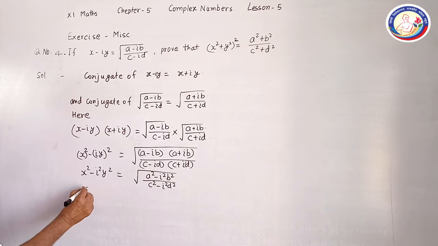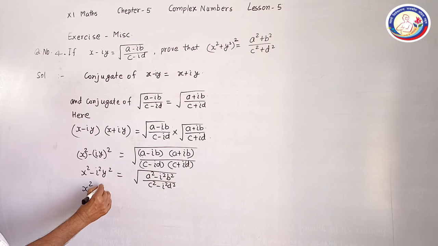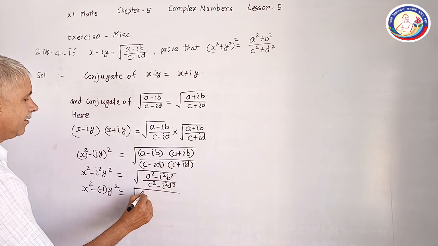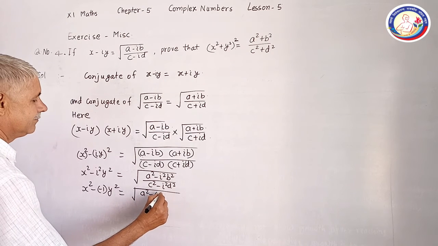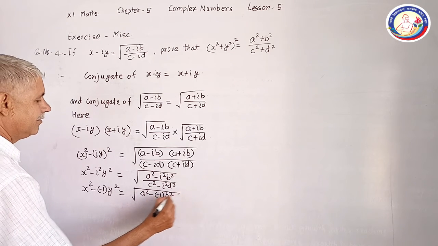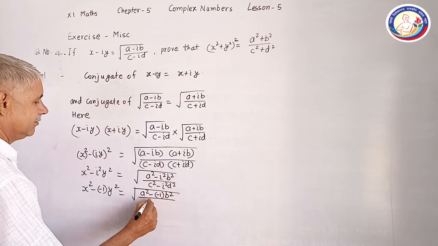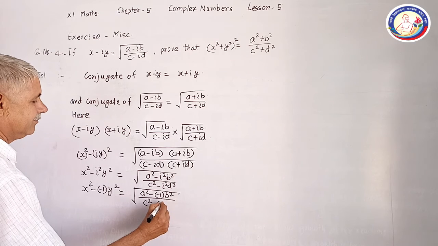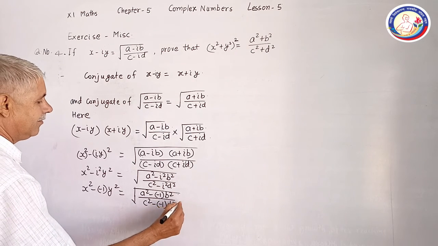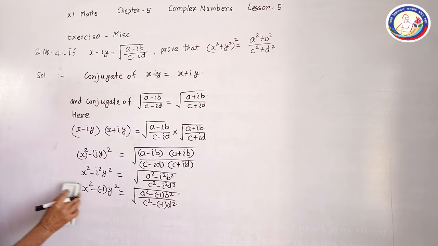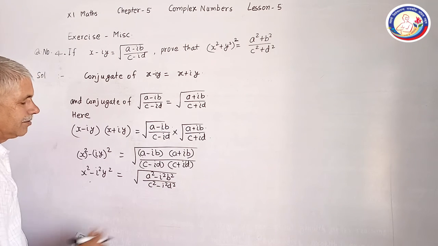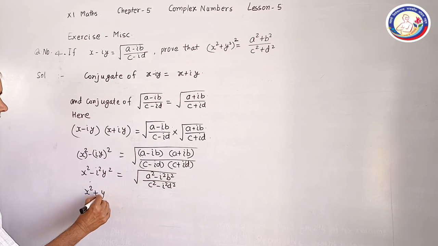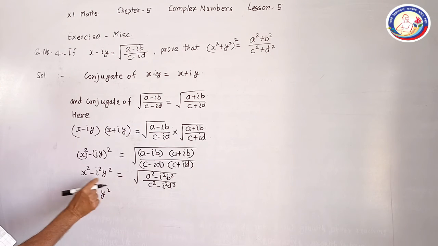So x square minus of -1 y square will be equal to a square minus of -1 into b square divided by c square minus of -1 d square, or we can write it directly: x square plus y square, because iota square is -1, so the sign changes here.